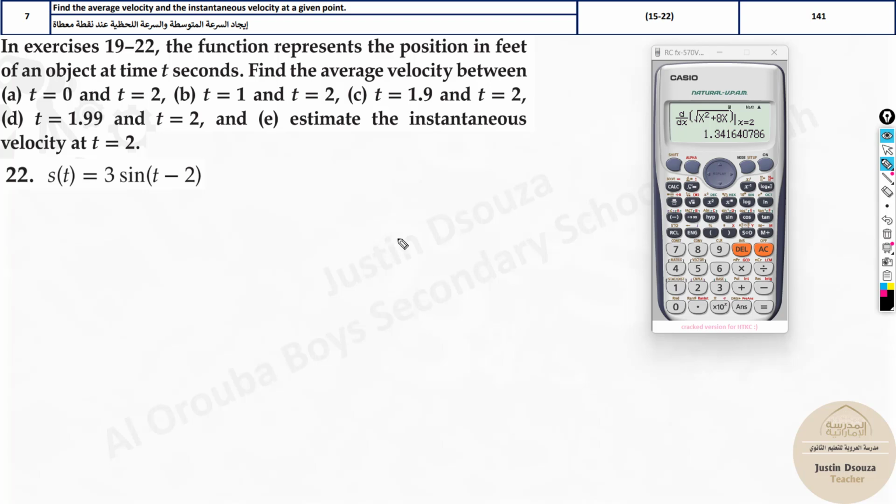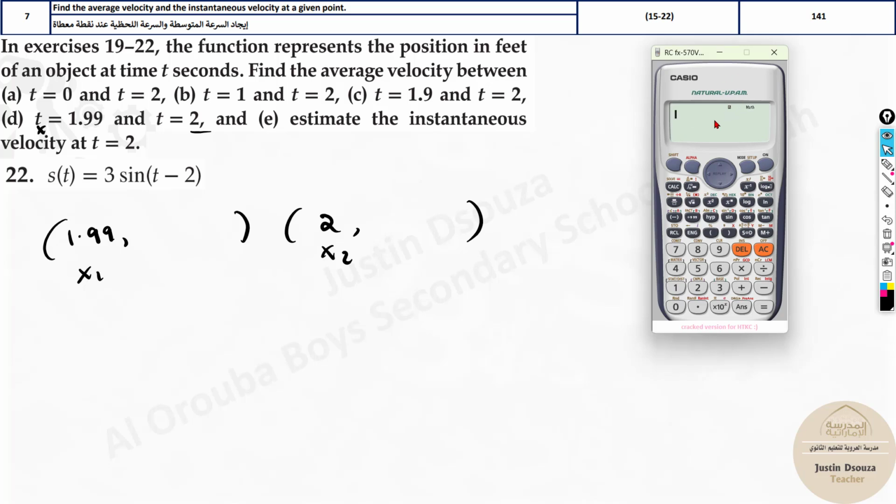Now, here, first thing, you need to consider the given value as x. 1.99, this is x1. What is y1? We need to solve. And what about x2? It is 2, and we need to find this. How do we find that? Basically here. Now it's already in radian mode.